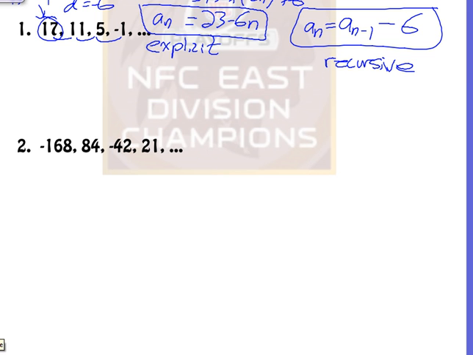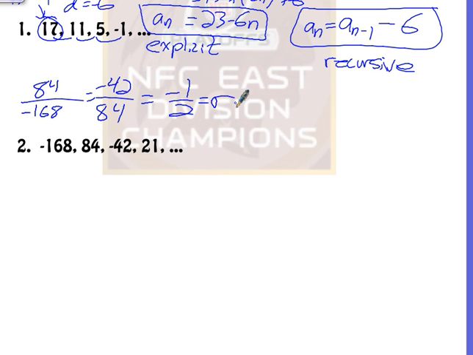We then go to our geometric, or we can see it's geometric. It looks like we have 84 over negative 168, negative 42 over 84. So we're ultimately going to have negative 1/2 as my common ratio. A1 is negative 168.